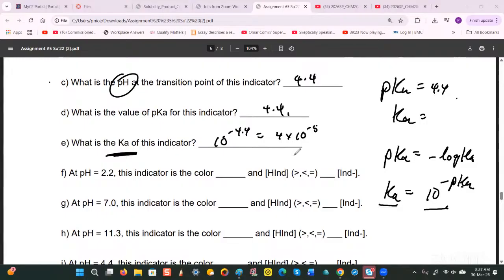So the Ka, if you remember, the larger the Ka value for an acid, the stronger that acid is, right? But the lower the pKa value, the stronger the acid is. So they're kind of just the inverse of each other. Kind of, yeah. Okay.